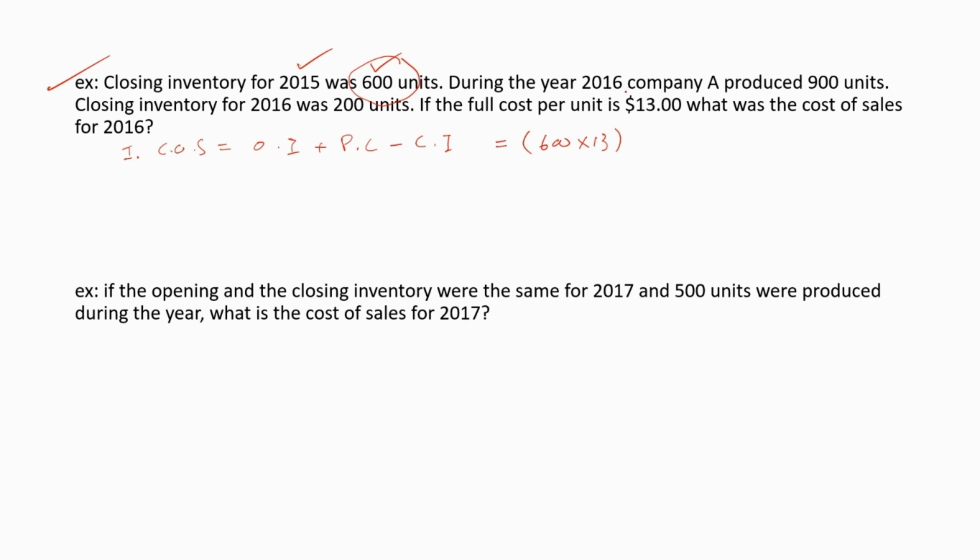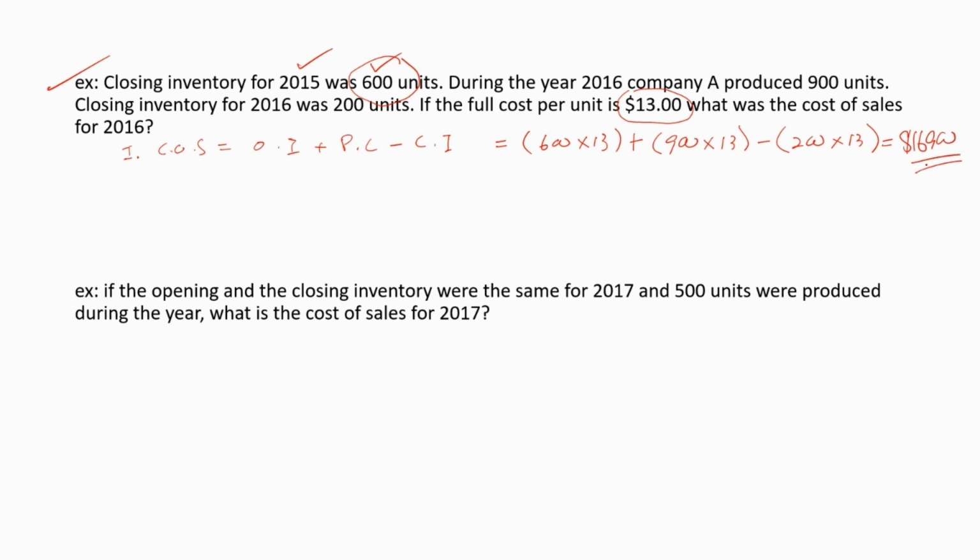We have to multiply this inventory value by the full cost amount, plus the production units. Production units is equal to 900 multiplied by 13, minus closing inventory. Closing inventory is 200 units multiplied by 13.